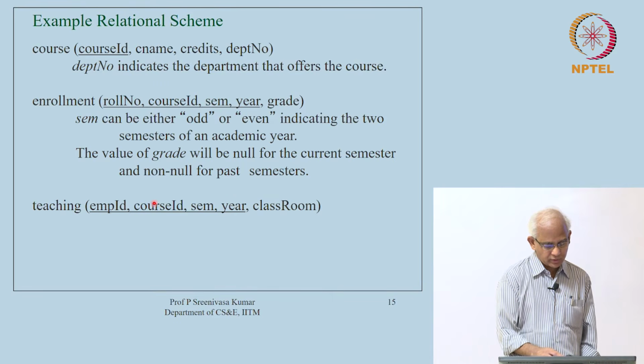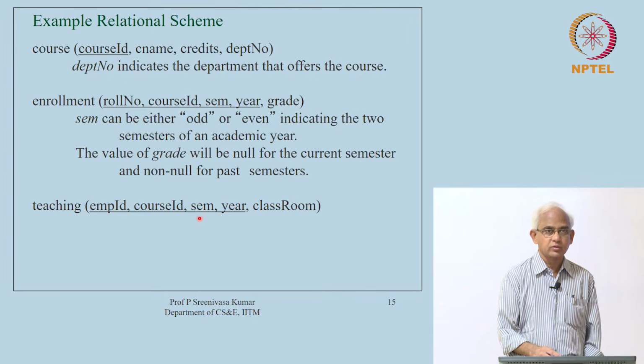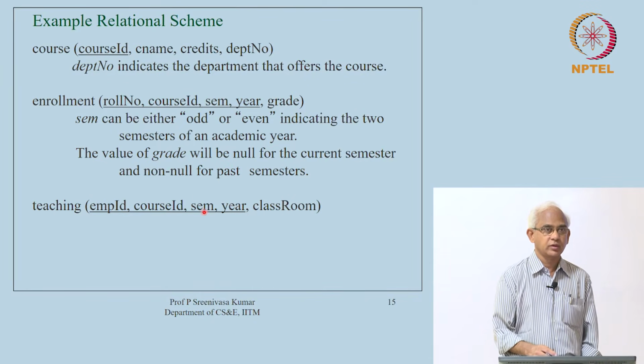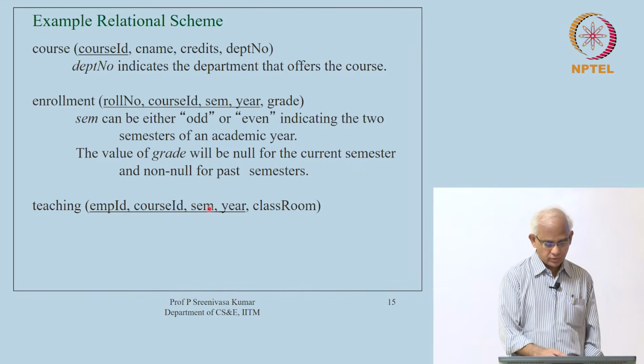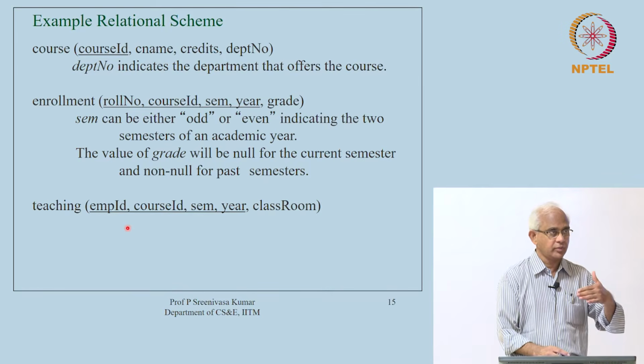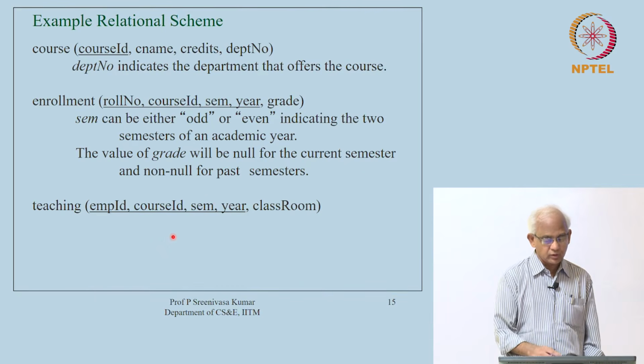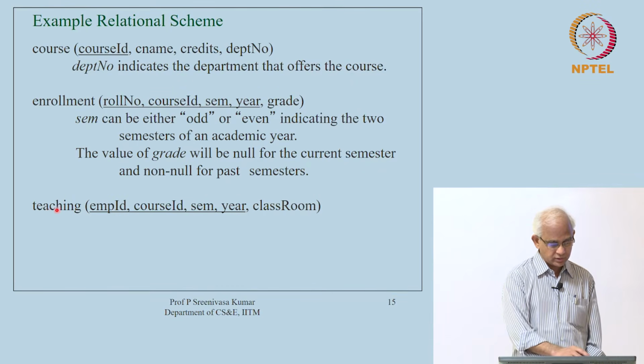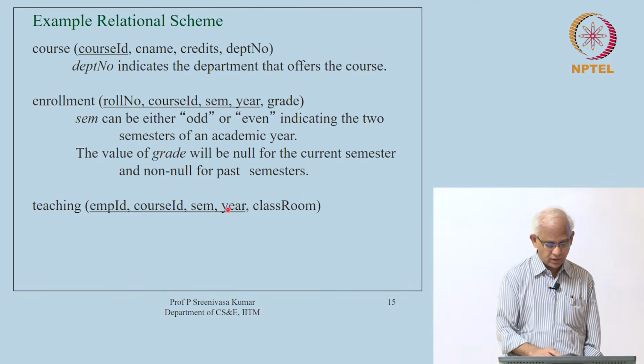And a course can be taught by several professors, so that itself cannot be the key. And then obviously you need to have this semester and year, only then you will see that a particular edition of the course is being talked about, and so you have a unique way of capturing that particular tuple. Okay. So, identifying the keys depends on the domain that we are modeling, and so in this case these are the keys.